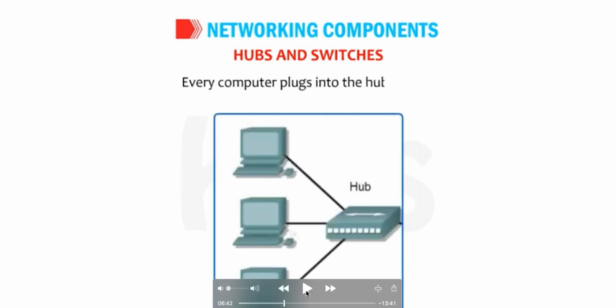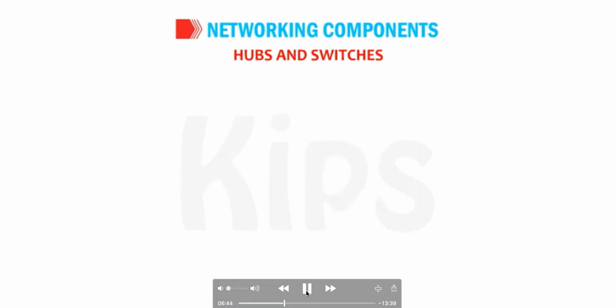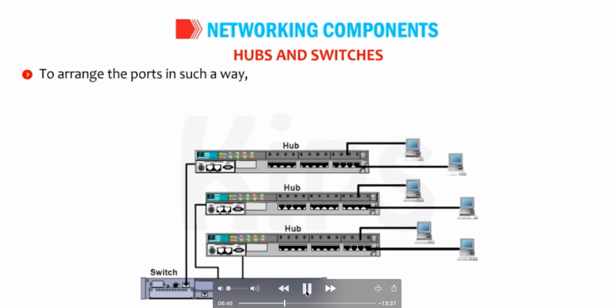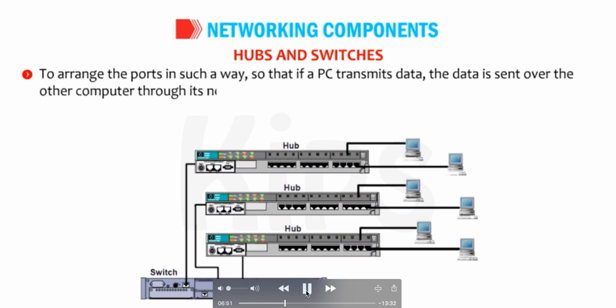Every computer plugs into the hub or switch, and the ports are arranged in such a way that if a PC transmits data, it is sent to the other computer through its network card.